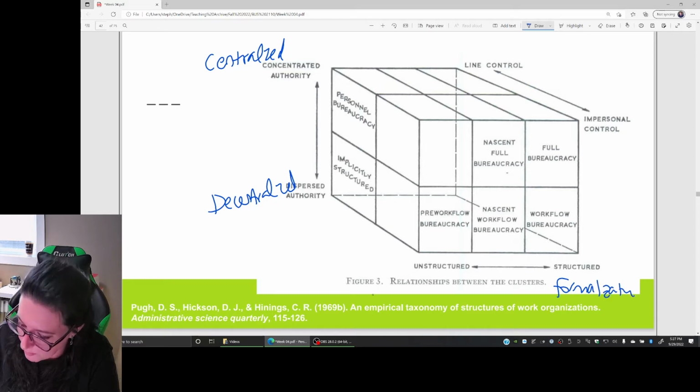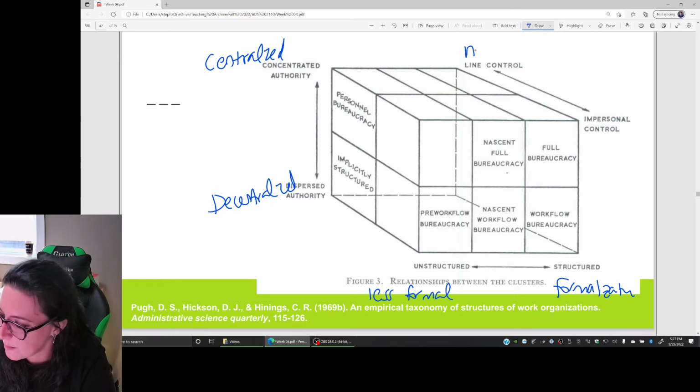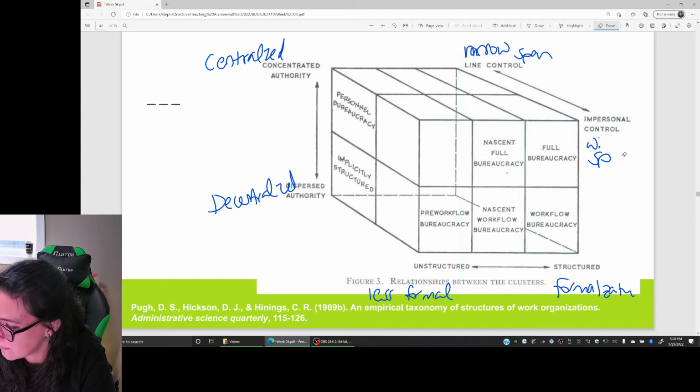So unstructured would be less formal, less rules. Then we have line control, so that's going to be our narrow span. And what he calls impersonal control, that's going to be wide span. Lots of people under each manager. Wide span.